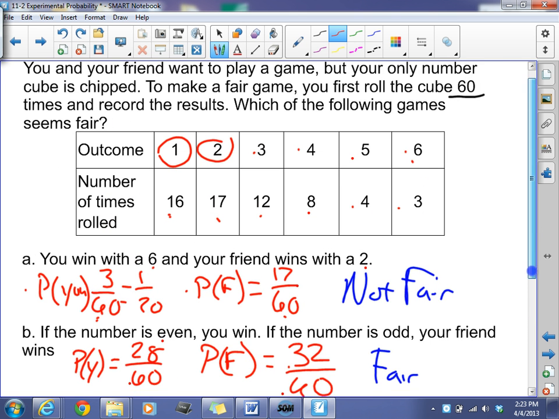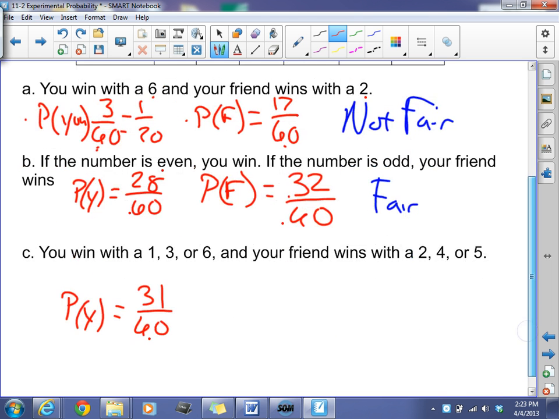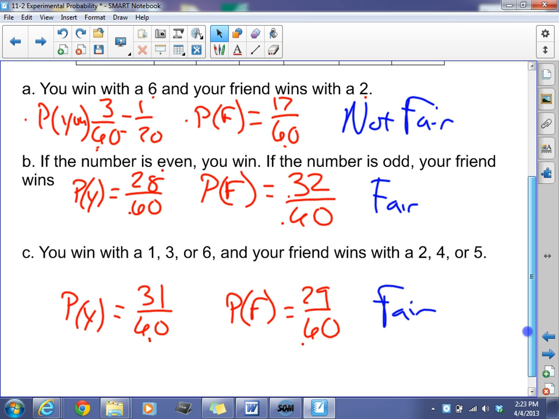And then your friend wins with a 2, 4, and 5. So 2 and 4, it's going to be 25, and then a 5, 25 plus 4 is going to be 29. Once again, this and this are very close, so we would call that a fair game.